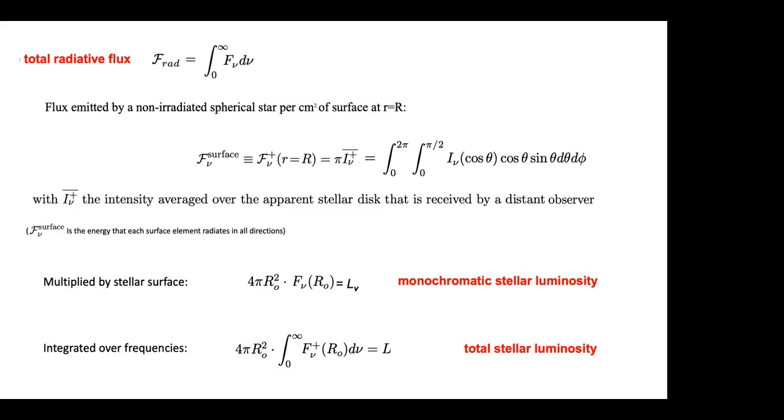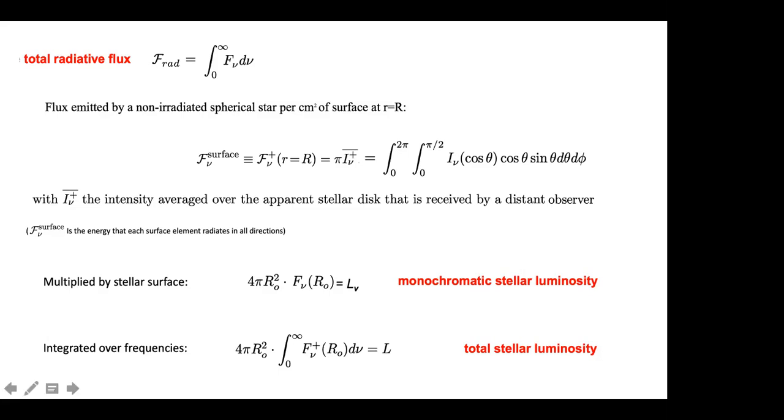If the binary star is very close and you have a very hot star with a companion, the companion usually is heated, receives a lot of flux from the hot companion. So it is not always the case that a star is isolated. But if it is not irradiated, it does not receive flux, but it emits.